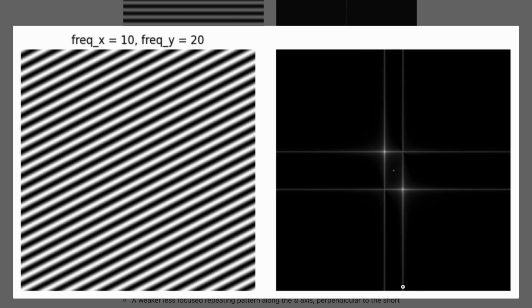Remember, this is positive U and positive V. So I go 10 units to the right, U equals 10, and I go 20 units down with V equals 20. I end up with this point corresponding to a horizontal frequency of 10 and vertical frequency of 20, which is exactly what I have used to create my image. And of course, I have its mirror in the negative frequency domain.